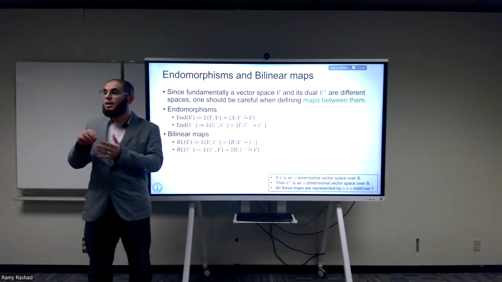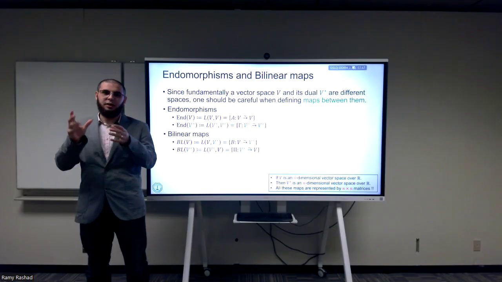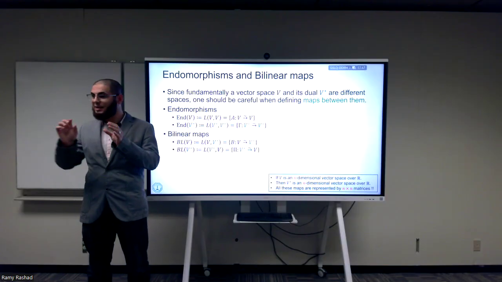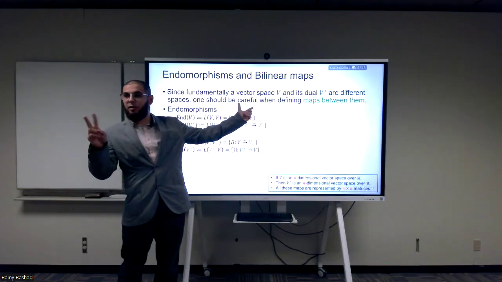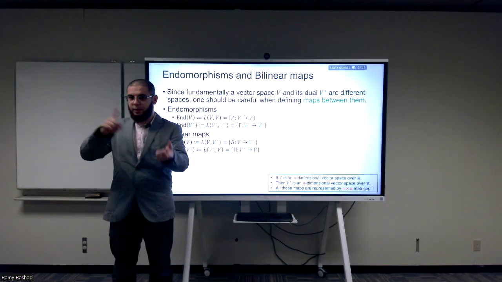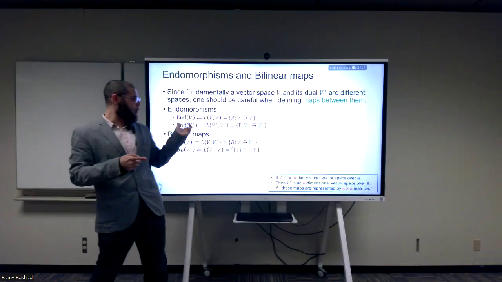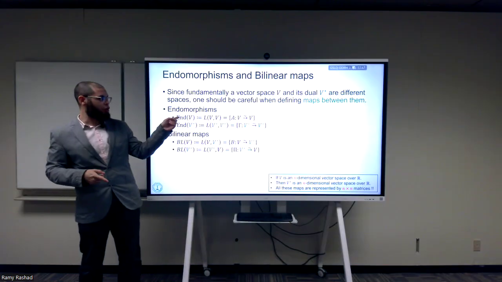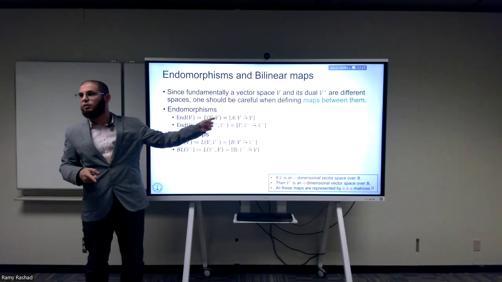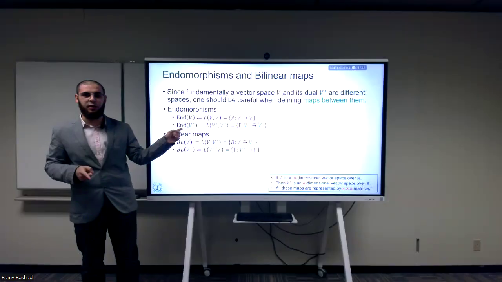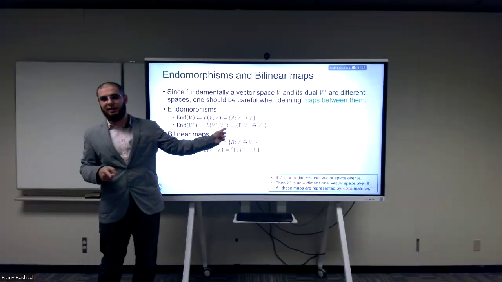So they are vectors, but of a different kind. That's why we call them covectors. Not the same type of vectors that we have. And because both of them are vector spaces, I can define maps between these two vector spaces. And I have four combinations. We looked at the endomorphisms, which are linear maps from V to V. But I can also have endomorphisms from V star to V star.